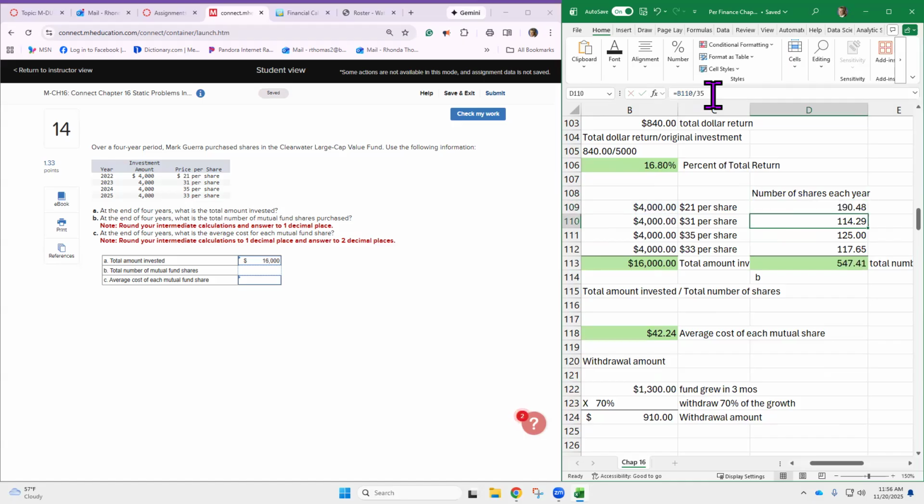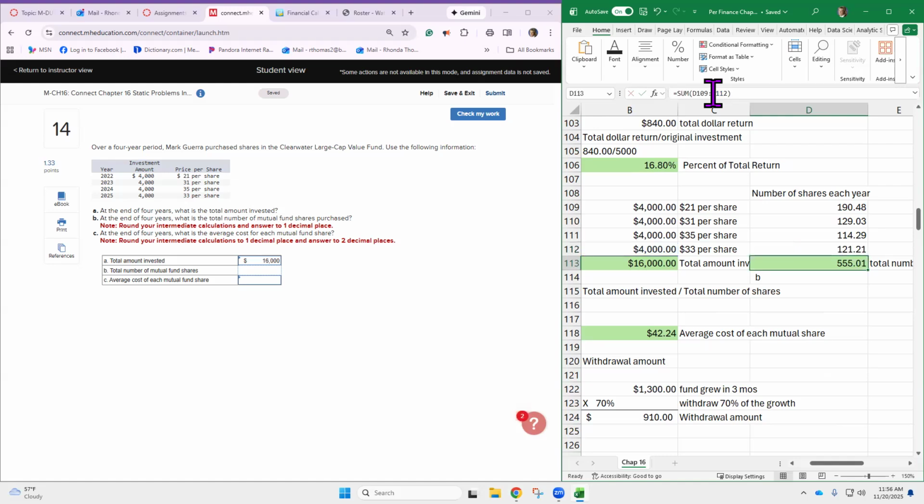So the first one is divided by 21. The second year, the 4,000 is divided by 31. The third year, the investment is divided by 35. Oops. And the fourth year, the investment amount is divided by 33.